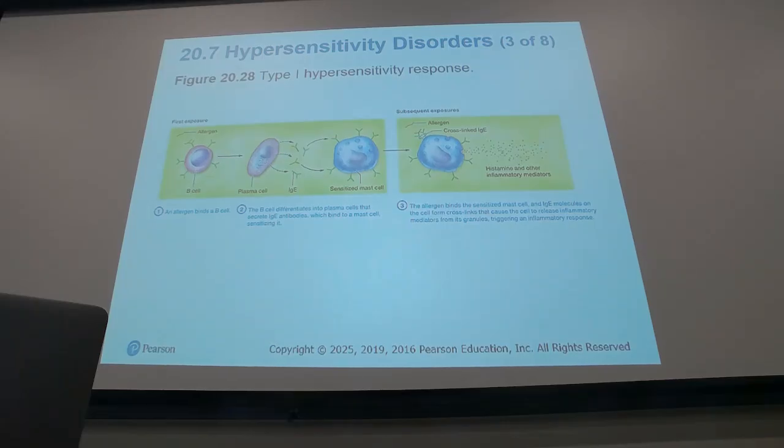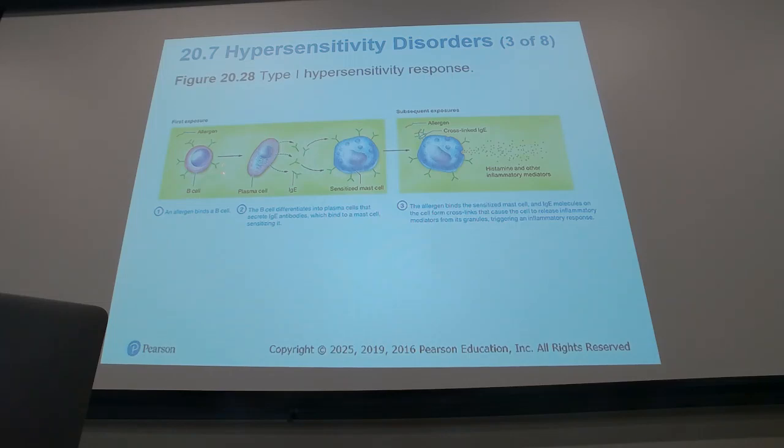Now, sometimes we can have problems, like hypersensitivity reactions. Hypersensitivity reactions are the allergies that we know of. So we have type 1, in which you will have an allergen that is detected by the B cells.